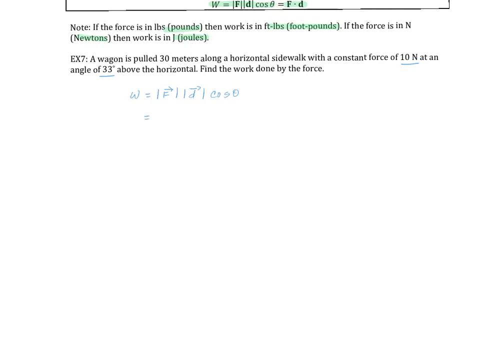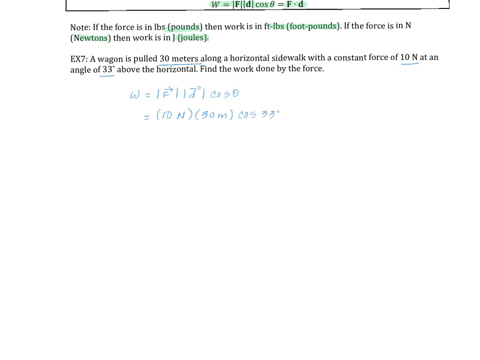And we were told that the force is 10 newtons. So this is going to be 10. I'll leave the units in, N for newtons, times, since it was pulled 30 meters, that would be the displacement, and I'll do 30, M for meters, times cosine of 33 degrees.